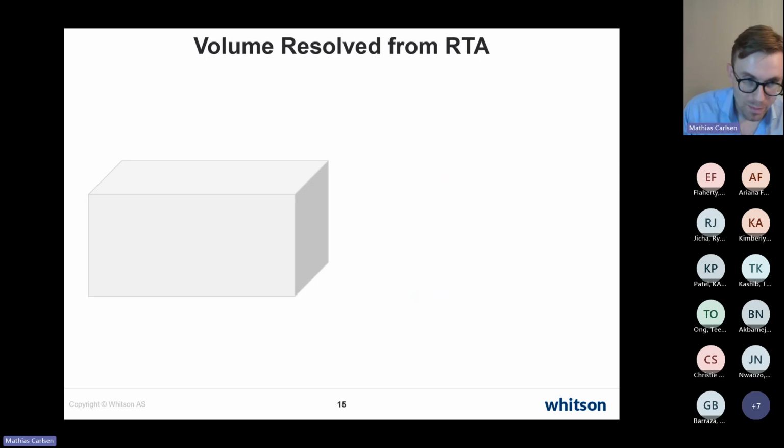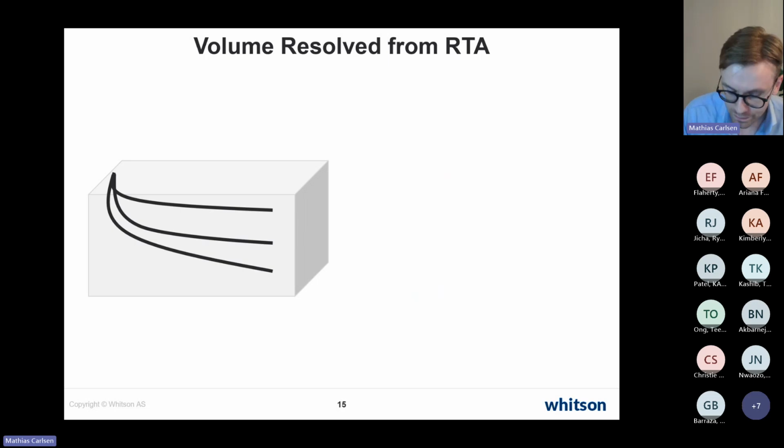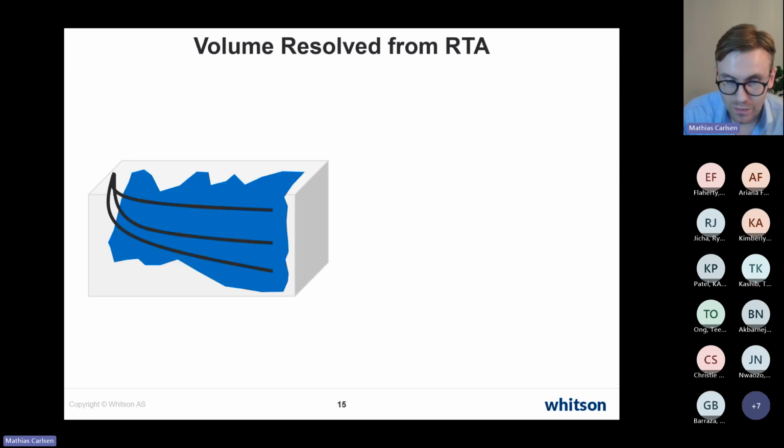But in reality, what happens is that we have the block of rock there, and then we're putting some wells in there that we add a completion to, and we're just able to access a subsection of that block of rock throughout the lifetime of the well. And that subsection, that subpart, is what we call the contacted pore volume, and it's a thing in a conventional sense, and it's a thing in an unconventional sense as well.